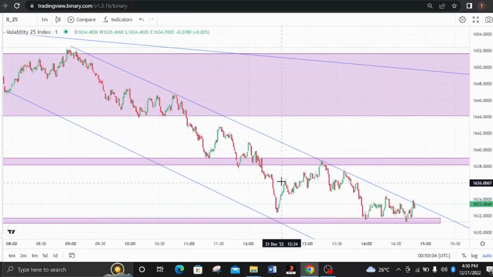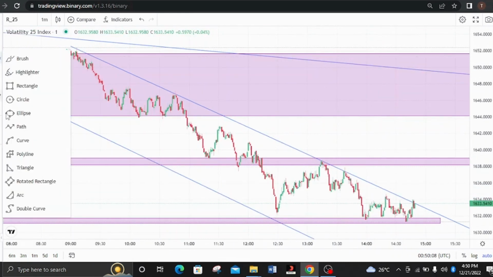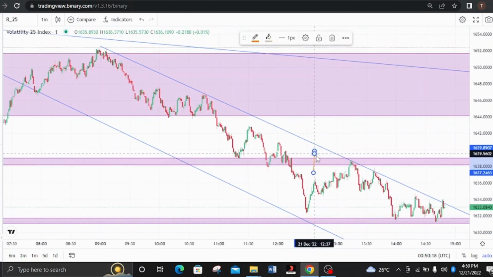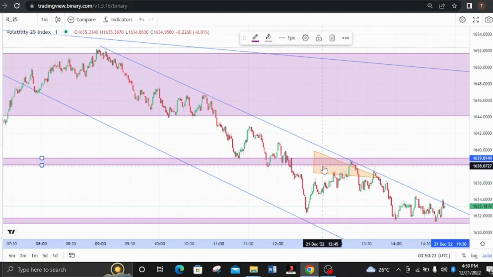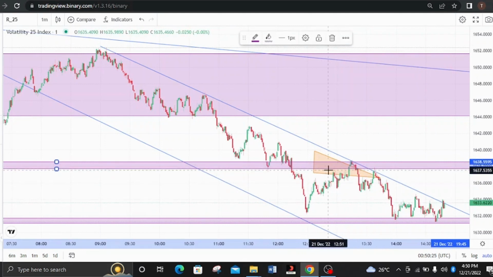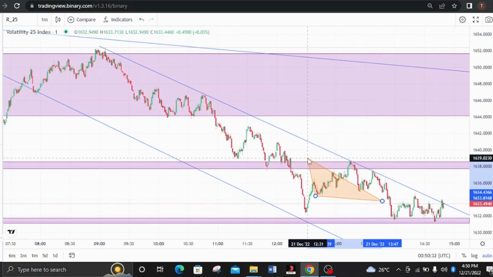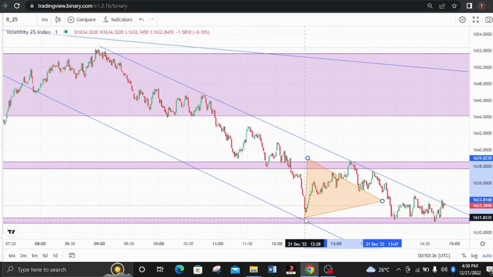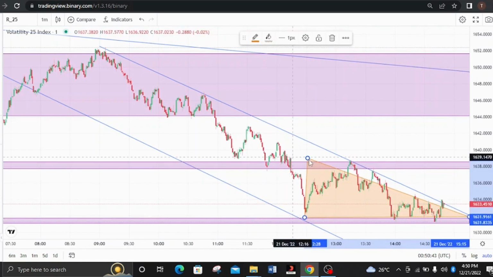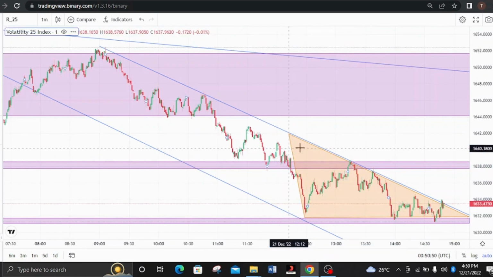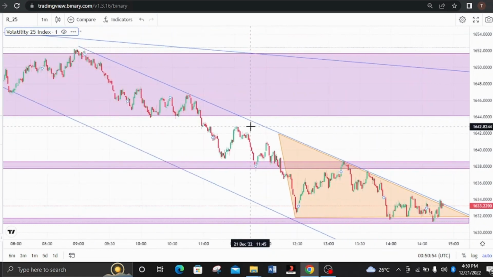The fact that price is trapped within here, you can see that price is trapped within that level.